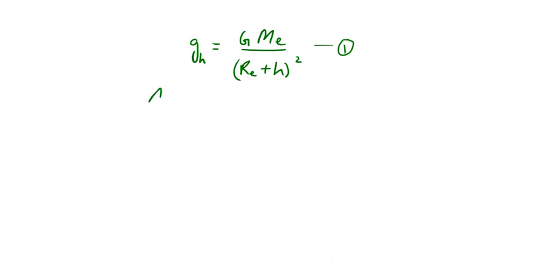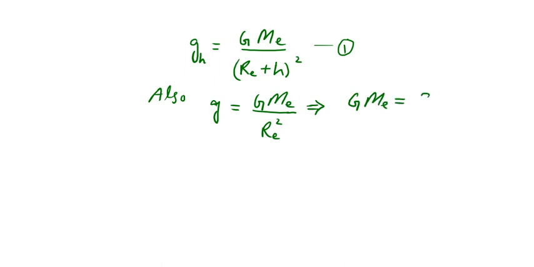And also we know that at zero altitude the gravitational field strength is actually G ME divided by RE squared. So by cross multiplying this equation, we can say that capital G ME can be written as g RE square, and we can put this value over here.